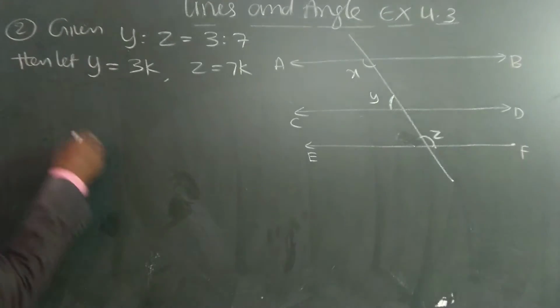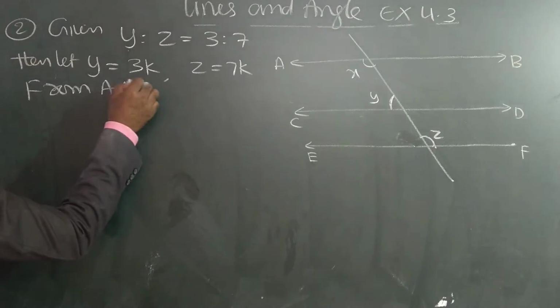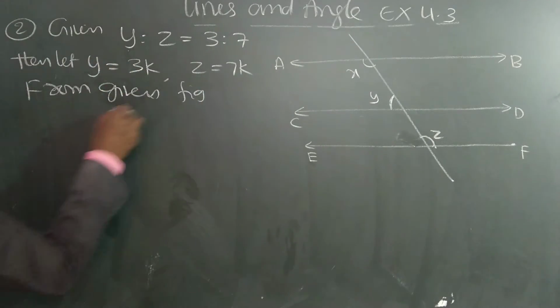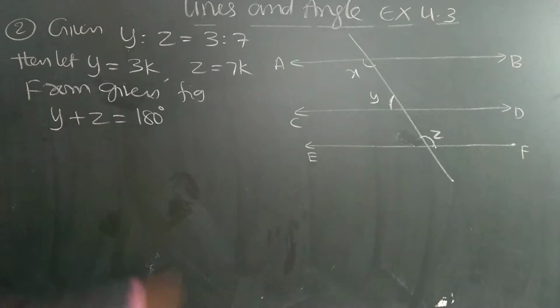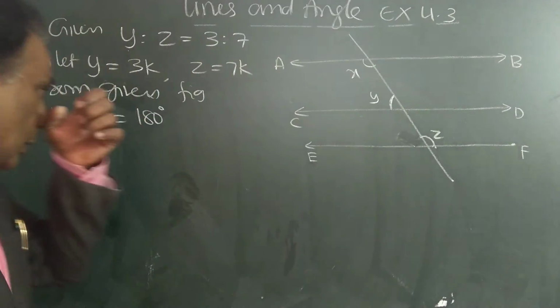See here, from the given figure, students. Y plus z is equal to 180.